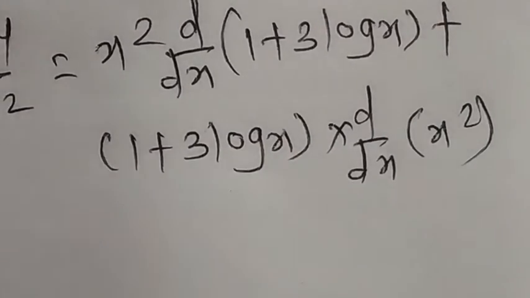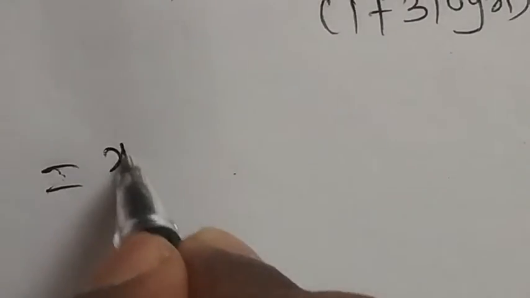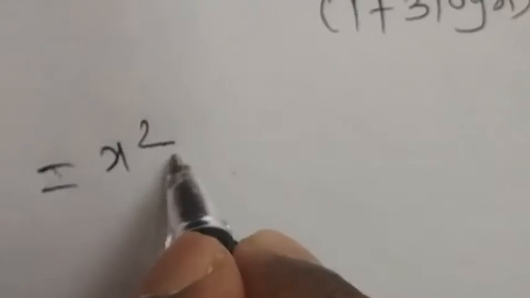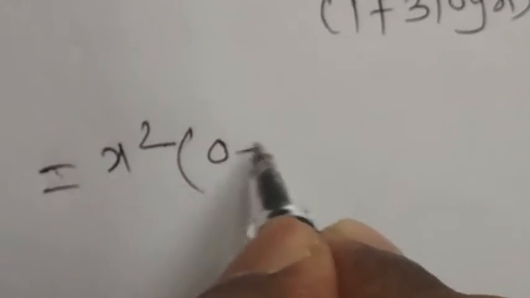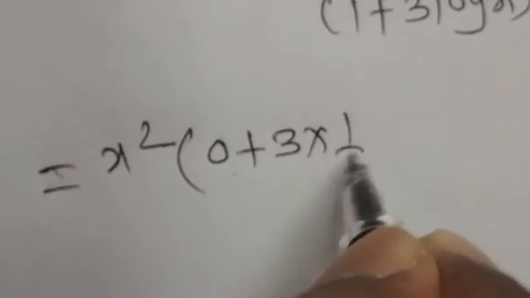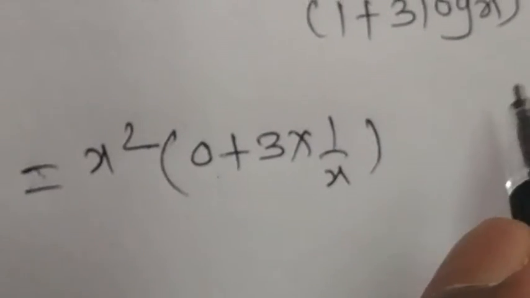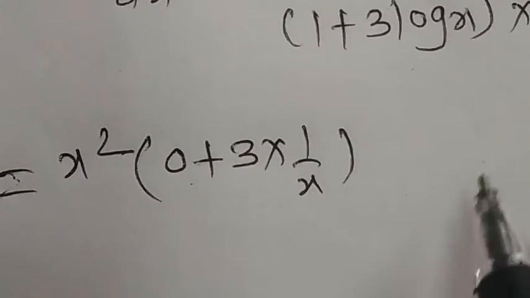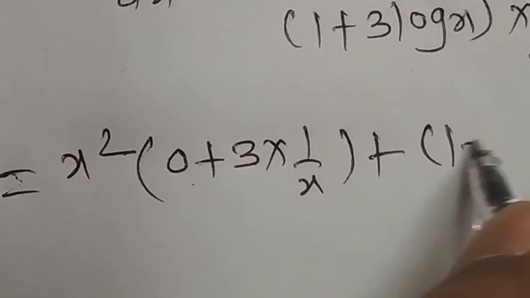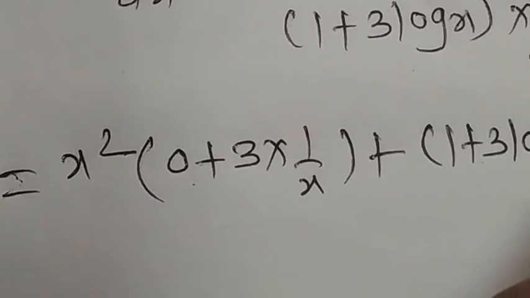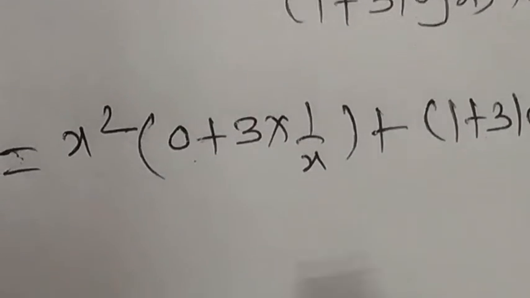We can write simply: first function x square into derivative of 1 plus 3 log of x. The derivative of 1 is 0, plus 3 log of x, whose derivative is 3 by x, because the derivative of log of x is 1 by x, plus 1 plus 3 log of x into the derivative of x square, twice x.